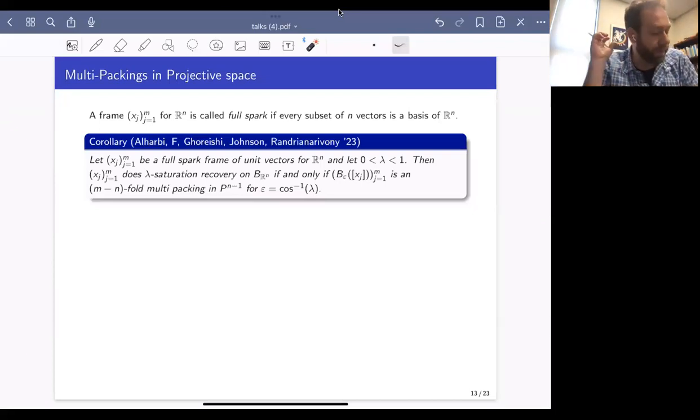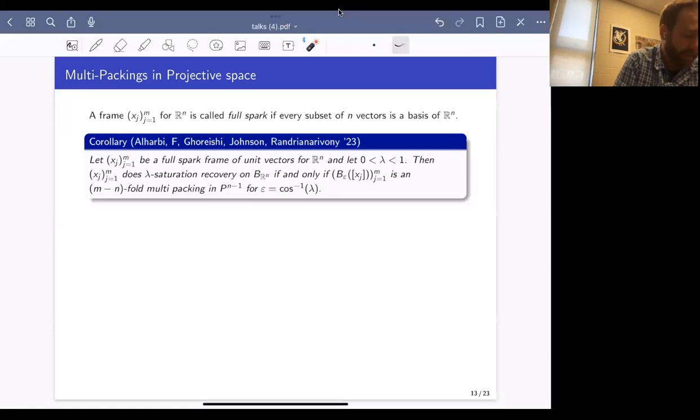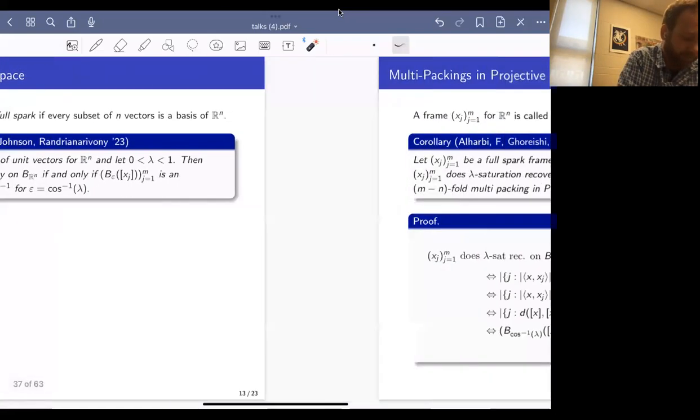So this is really cool. It says, if I want to understand what are good frames for lambda saturation recovery, how do I construct frames for lambda saturation recovery? That corresponds exactly to multi-packings in projective space.